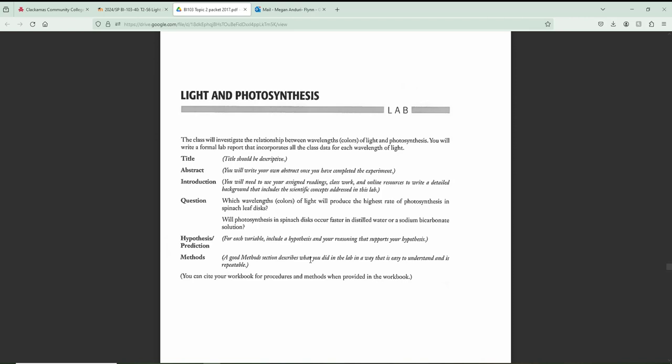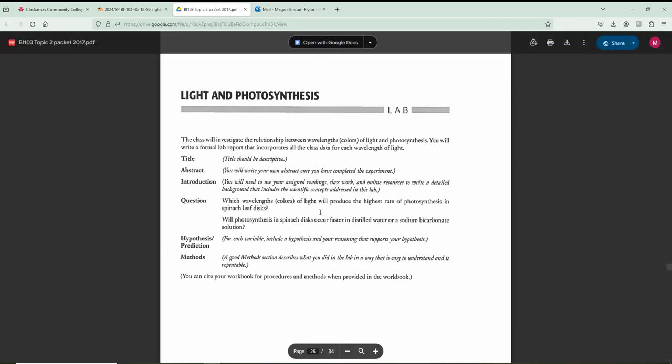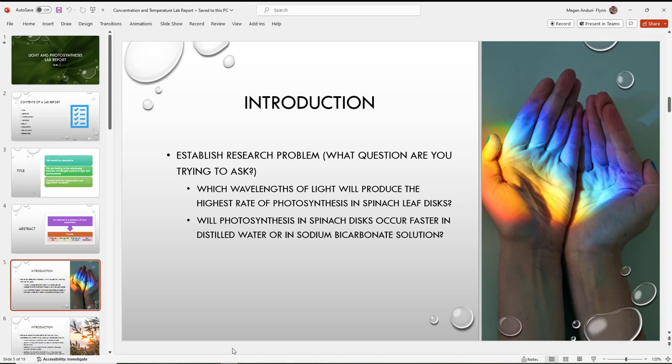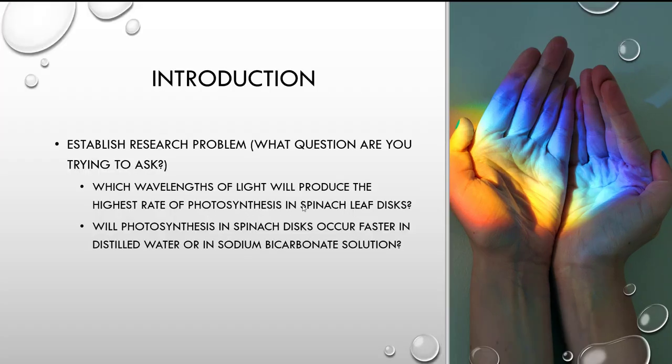So that's the purpose of the lab, we're trying to answer these two questions, okay? So that is the research problem that we're trying to establish. Basically, these are the two questions we're asking.